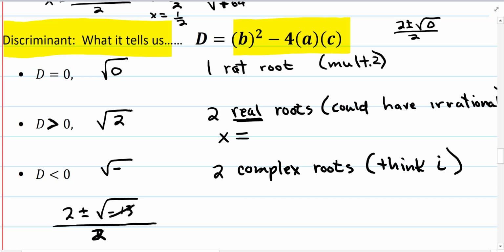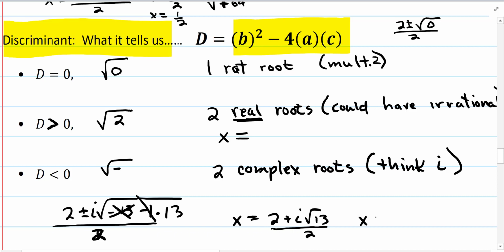Well, I'm going to rewrite this negative 13 as negative 1 times 13. And then the square root of negative 1 is i. So you end up with x is equal to 2 plus i root 13 over 2, and x is equal to 2 subtract i root 13 over 2.